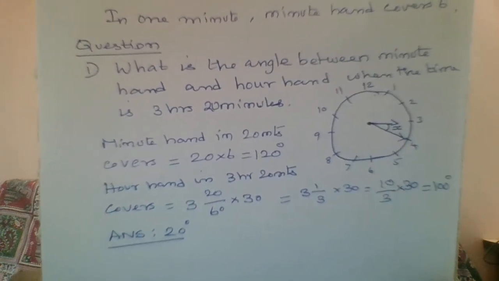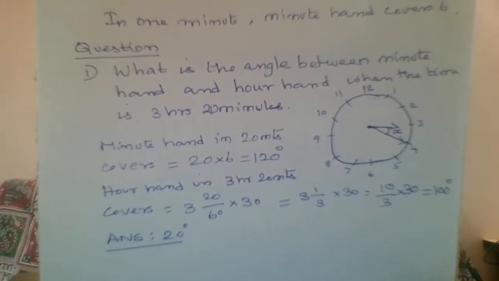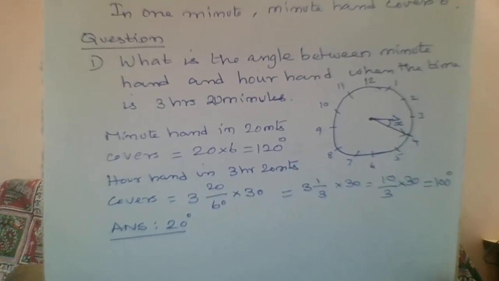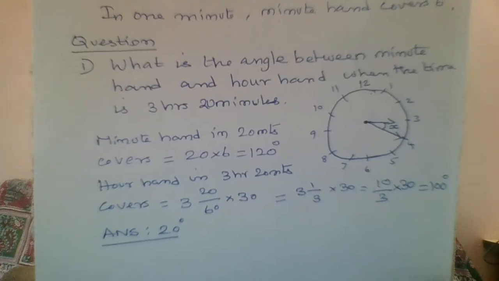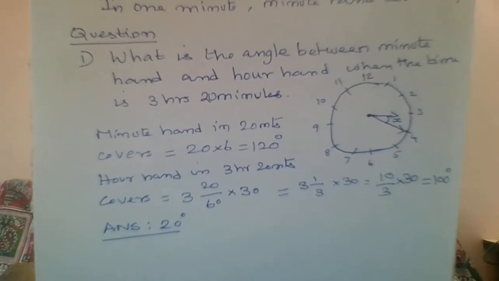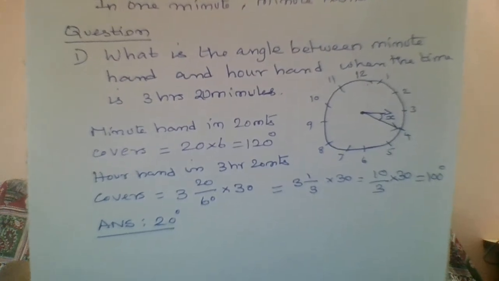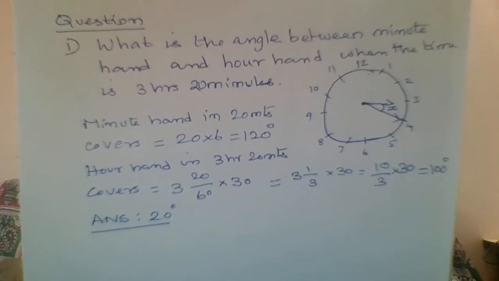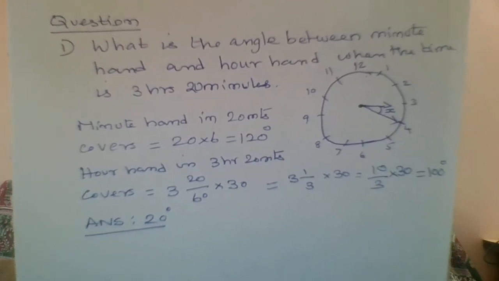That is 10 by 3 into 30, which gives 100 degrees. So if you subtract this 100 from that 120, you get 20 degrees. So the angle between the hour hand and the minute hand when the time is 3 hours 20 minutes is 20 degrees.